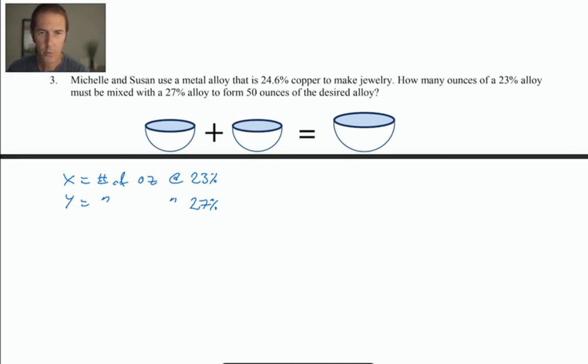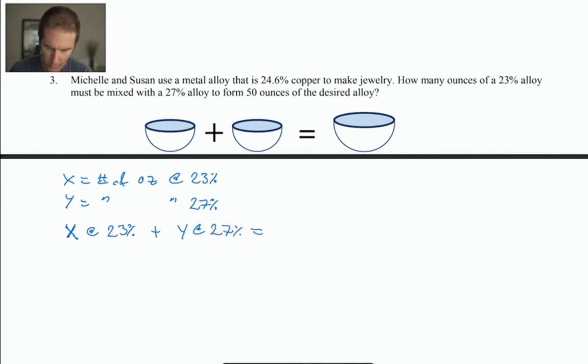Okay, so those are our two unknowns. Now what we're going to do is try to create a couple of equations. And the first equation is going to be centered around the amount of actual copper that's in these alloys. So what we want to do is take X ounces at 23% concentration, and we're going to add that amount of copper to the amount of copper that's in the Y ounces at 27% concentration.